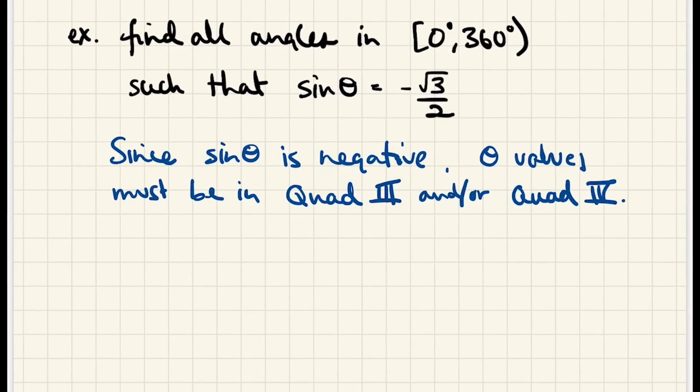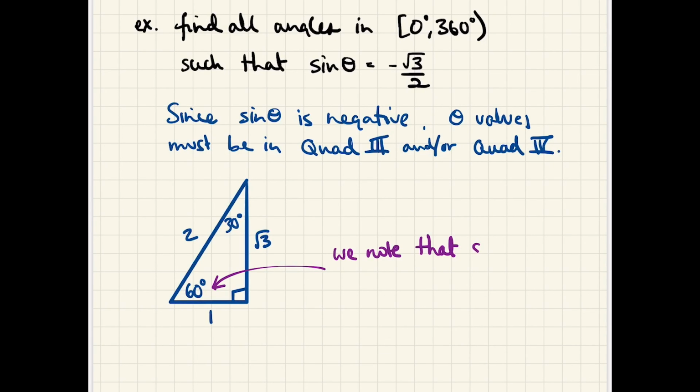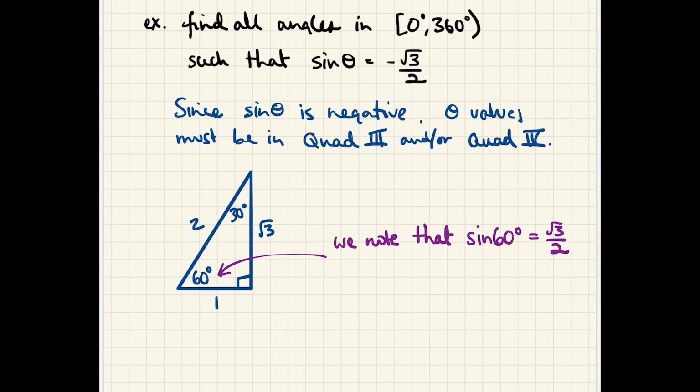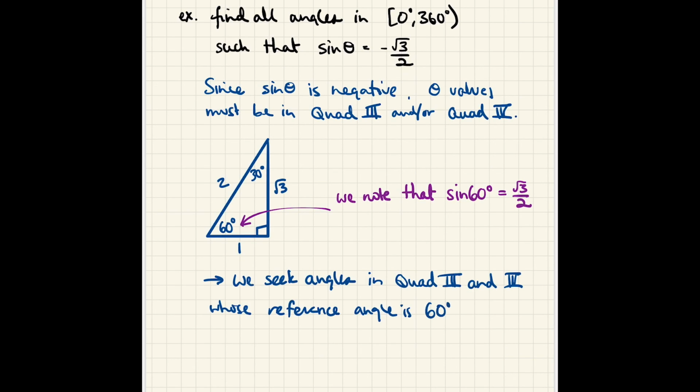And of course, that would be this guy, the 30, 60, 90 triangle. So take a look at that triangle and ask yourself which angle has a sine value of rad 3 over 2. And that angle would have to be 60 degrees, which means that we seek angles in quadrant 3 and 4 whose reference angle is 60 degrees.